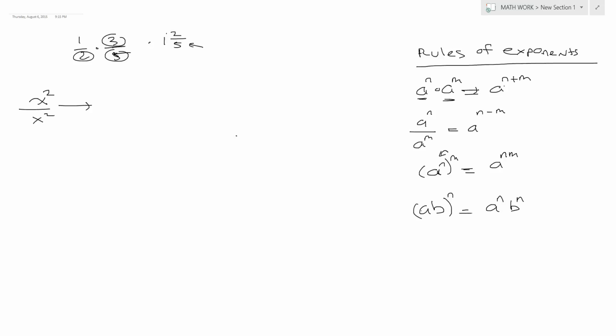So let's do this. Check it out. Because you can see that they're the same base, and that they're being divided and they both have exponents, the rule states, say this is number 1, number 2, number 3, and number 4, rule number 2 states you subtract them.